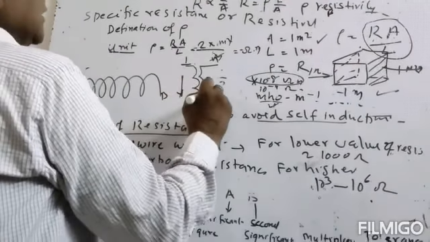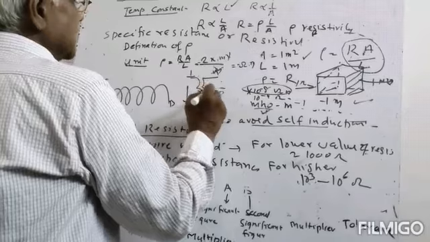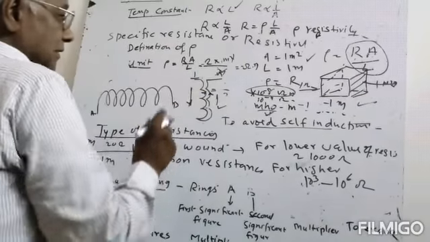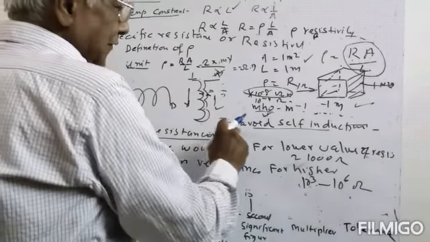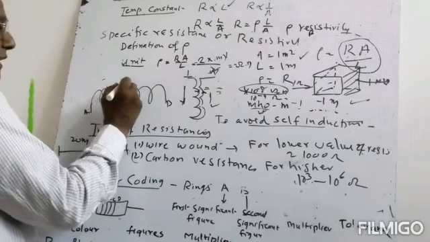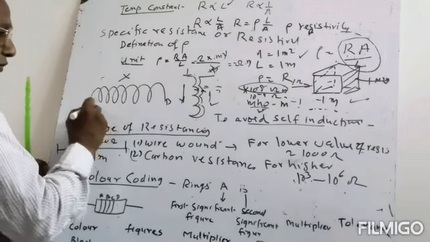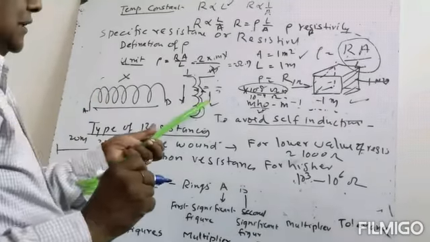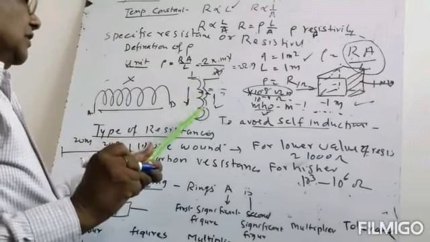In this direction the current is moving, and in this part the current is moving in the opposite direction. So the self-inductance will be removed. If it is not wound this way, then self-inductance is not removed. So we will wind the wire in this way.